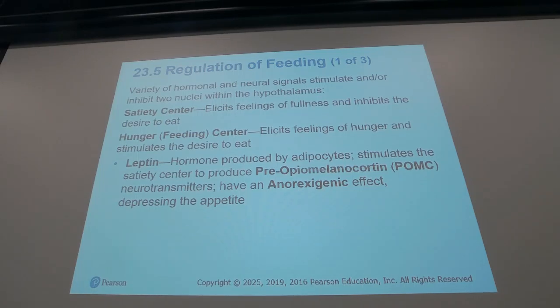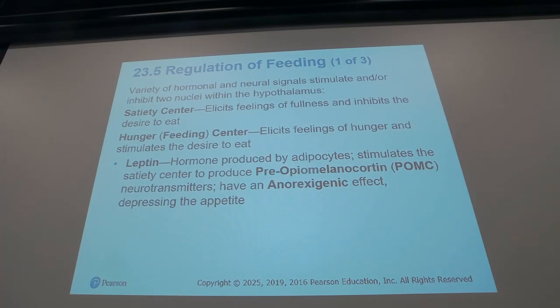So, in our brain, we have the satiety center that stimulates the sensation of fullness. And we have a hormone that is released by adipose tissue and also by other cells in our body when we are sleeping, that is called leptin.